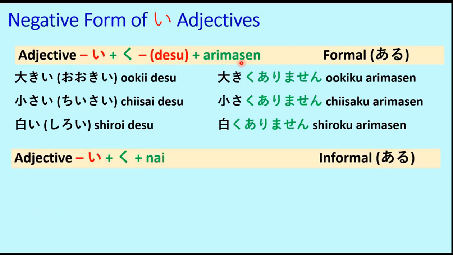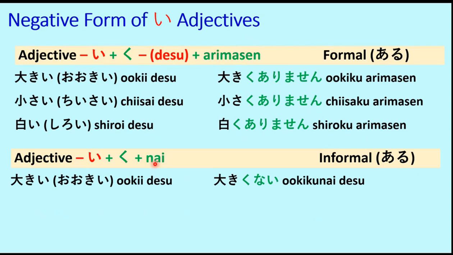Now, if we look at the informal version, arimasen, as you already know, is the formal version of the verb aru. If we take the informal negative form of aru, it is nai. So it becomes adjective minus i, plus ku, plus nai.